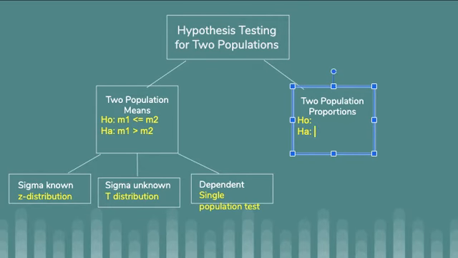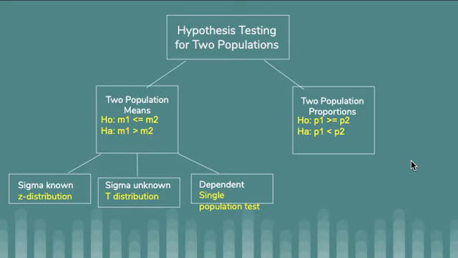So maybe we were saying that the proportion of Democrats in Bryan, we'll call Bryan P1, is less than the proportion of Democrats in Defiance, and so then the null hypothesis would be the opposite of that, greater than or equal to. We're just going to use that. So that is what we talked about at the beginning of chapter 11.